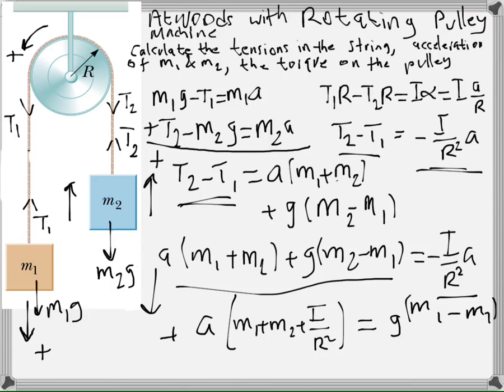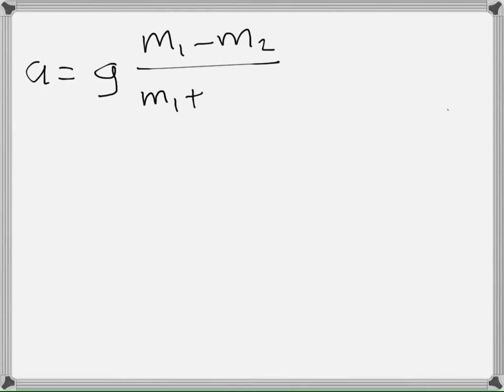So let me carry this over to the second page. Then A is equal to G times M1 minus M2 divided by M1 plus M2 plus the moment of inertia of the pulley divided by r square.